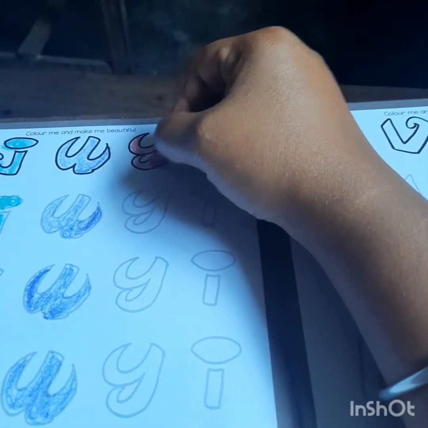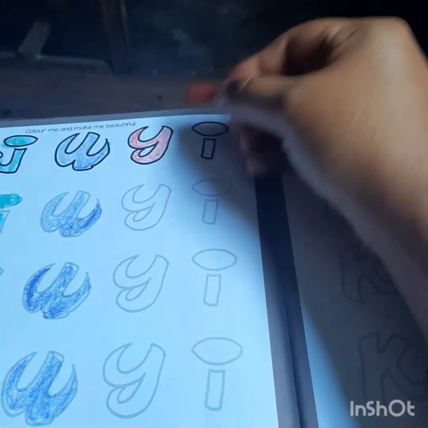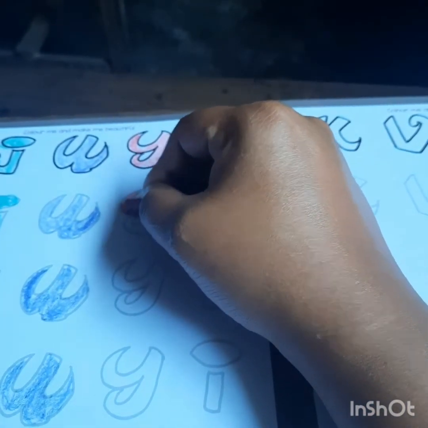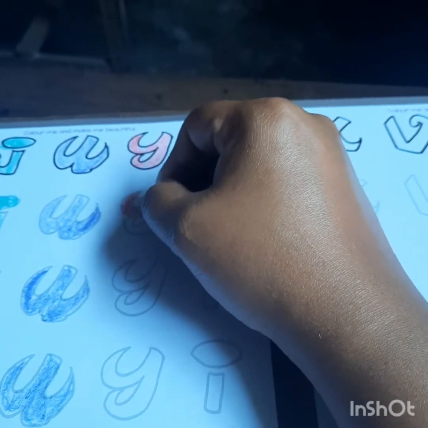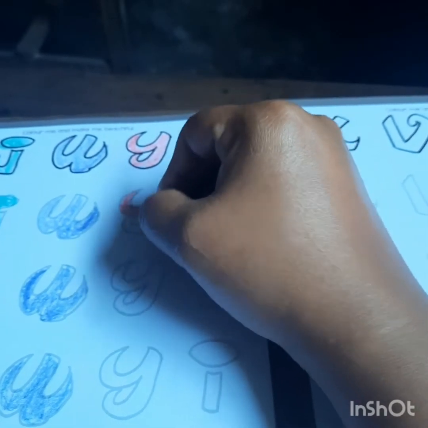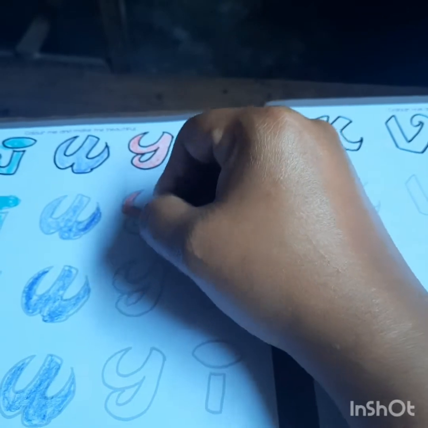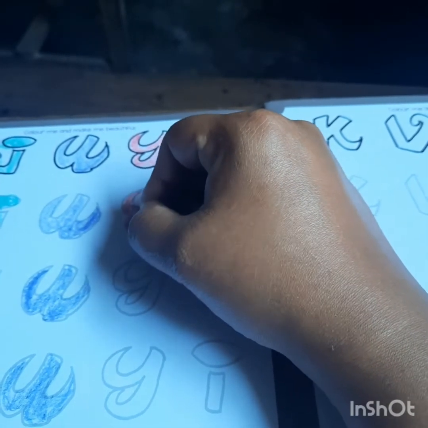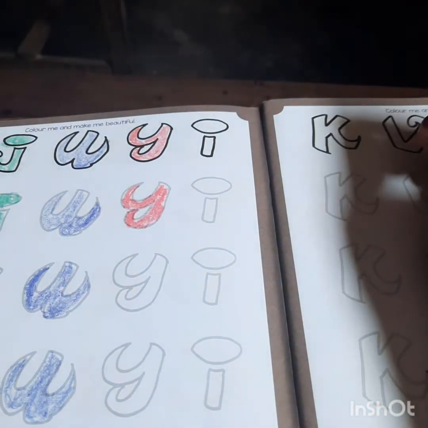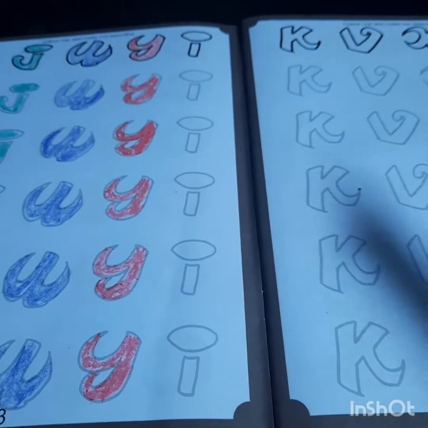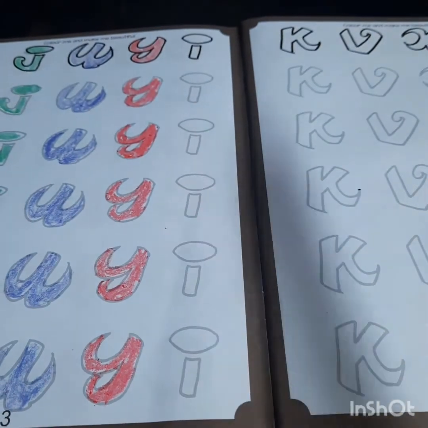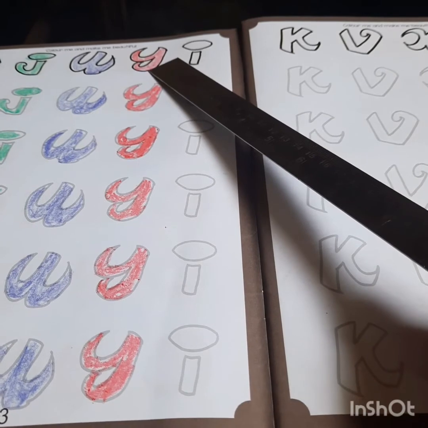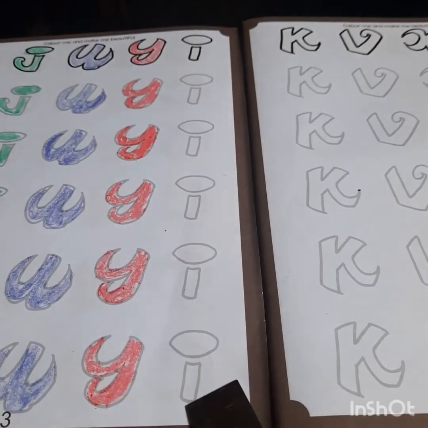Like this, you are going to color the letter Y. Shall we continue coloring? Can you see here, children? The letter is looking colorful. Y says year is looking colorful.